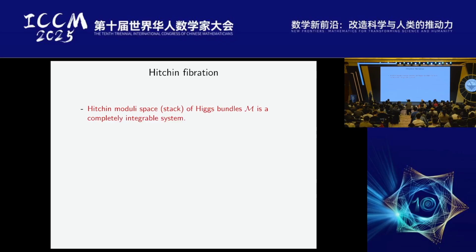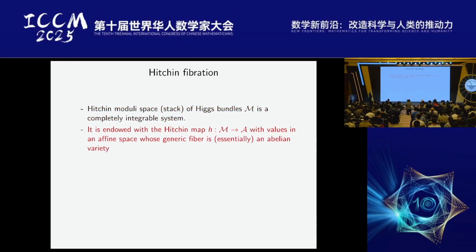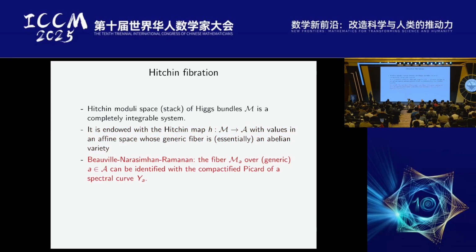What is remarkable about this Hitchin fibration is that, because of the symplectic structures on these moduli spaces, it is endowed with a completely integrable system. It is essentially a map from M to A, where A is an affine space of half the dimension, and the fibers are Lagrangians.